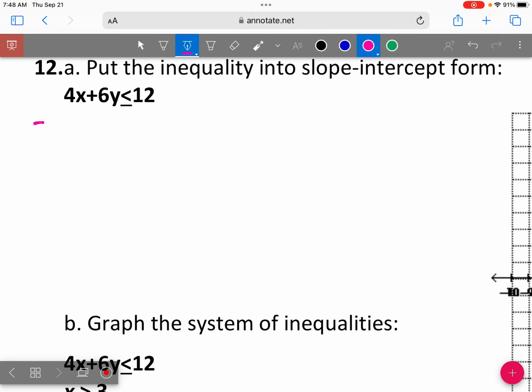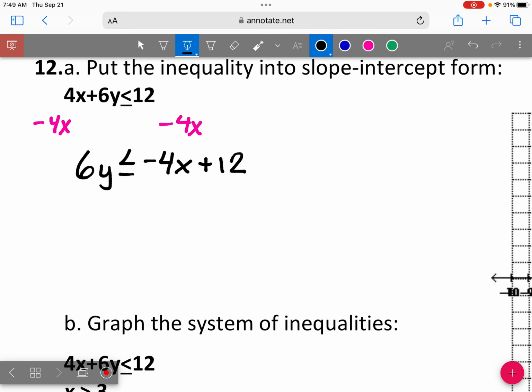Minus the 4x. That's going to give me that 6y is less than or equal to minus 4x plus 12. I can't combine them together. We're just going to put them next to each other.